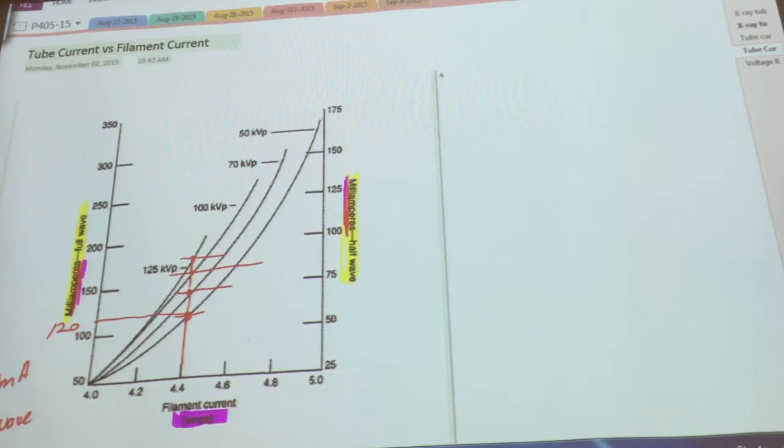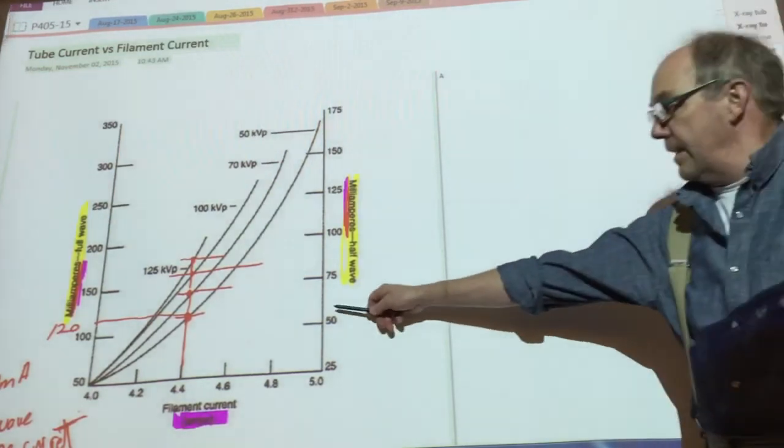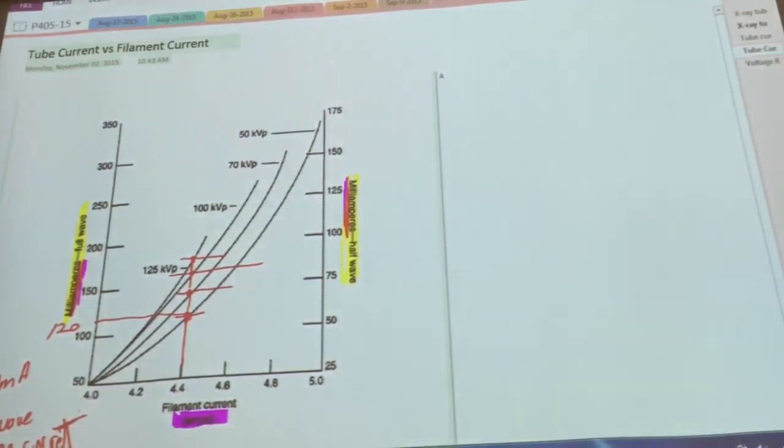Yeah. And notice that would be about half of that in the half wave rectified.